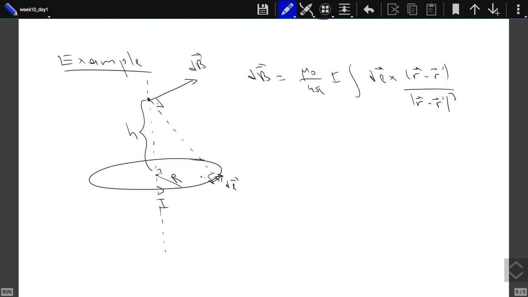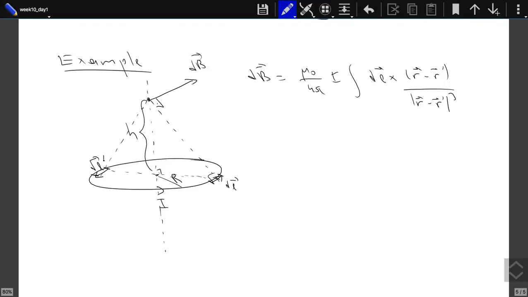Now I can take the diametrically opposite segment. This is my dl. This will be the corresponding distance. What will be the direction of that dB? Let's call it dl prime.